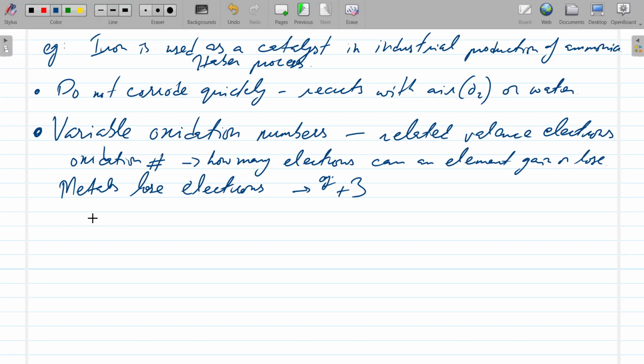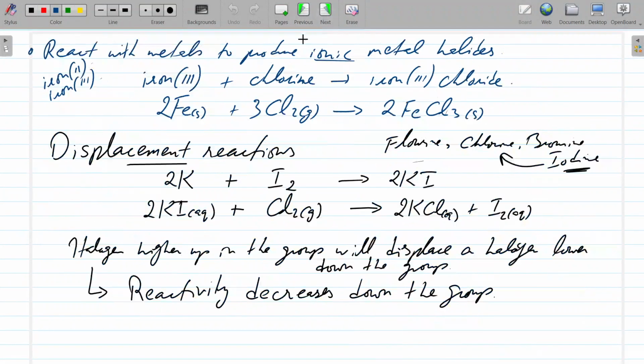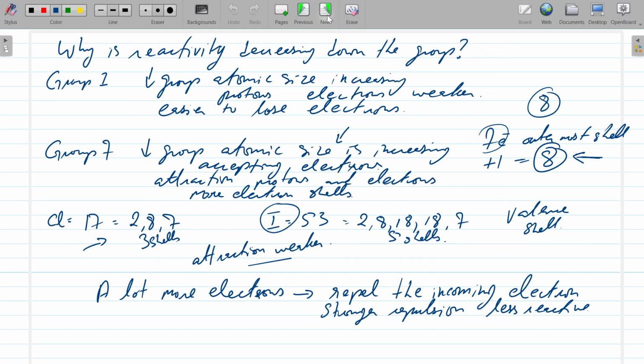Now, if we go back to the reaction of metals with halogens to form metal halides, I gave the example of iron 3. And I told you iron can exist in 2 different oxidation states, that's 2 and 3. So that is one example.